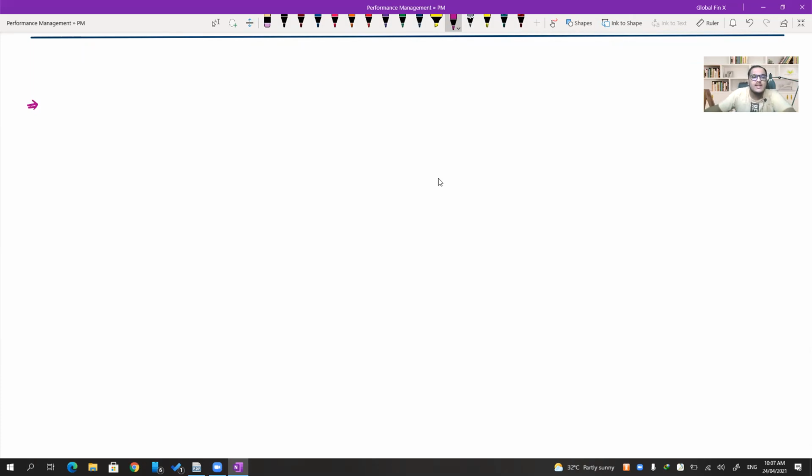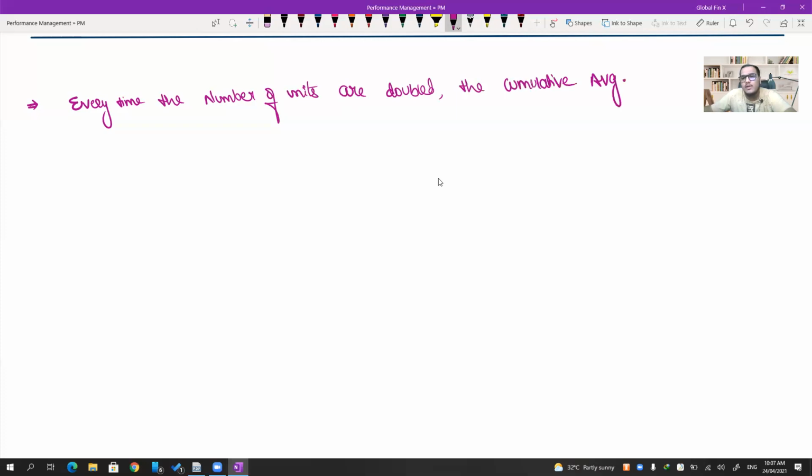The line states that every time the number of units is doubled, the cumulative average time per unit, we call it CATPU, cumulative average time per unit, is a fixed percentage of the previous CATPU.